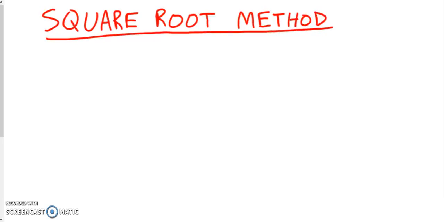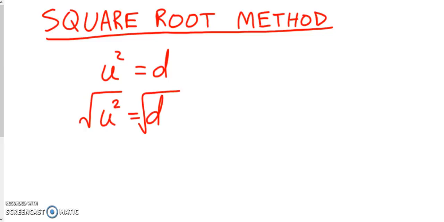Let's look at what happens when we use what's called the square root method. So, if I have something squared equals d, to solve that, I can take the square root of both sides.